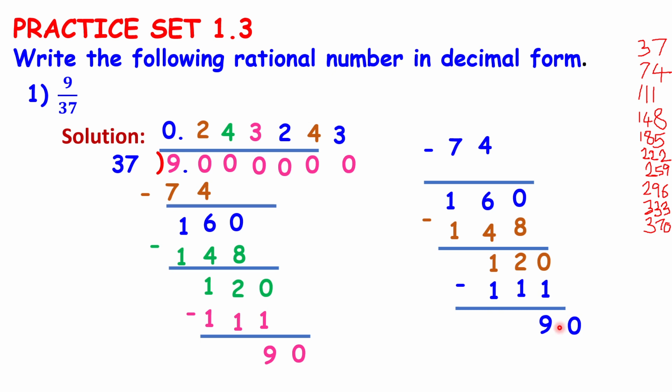We have to write here 0. So here the number 243 is repeated. So the answer is 9 upon 37 is equal to 0.243 bar. The number 243 is repeated, so the answer is 0.243 bar.